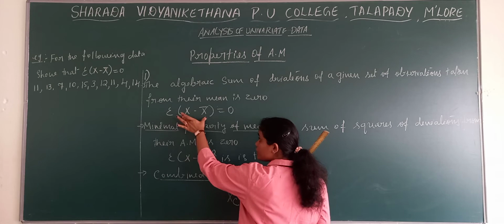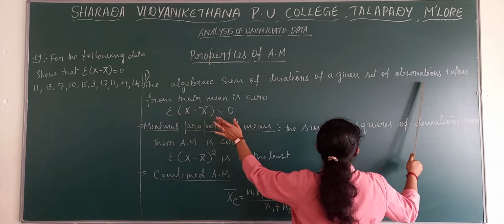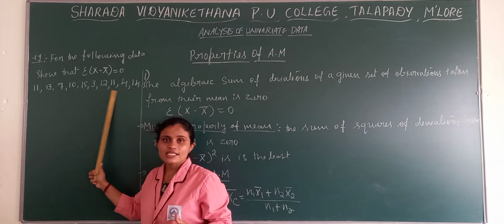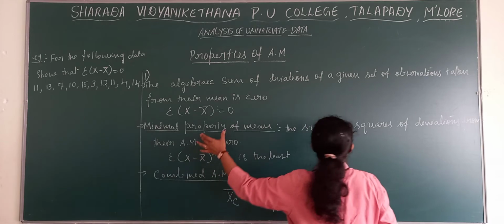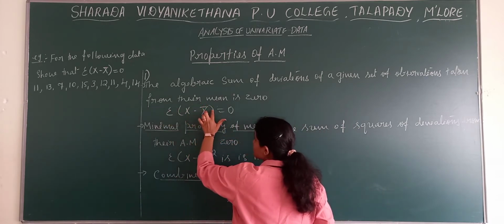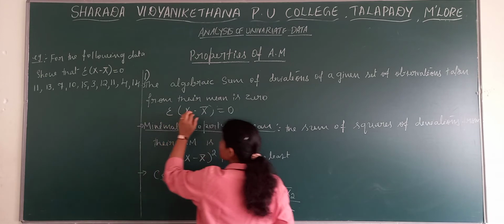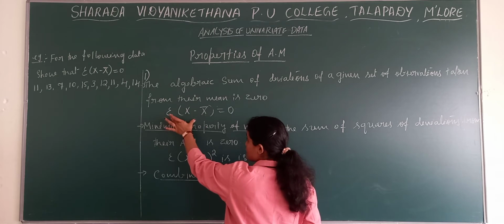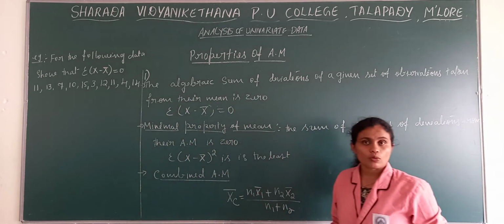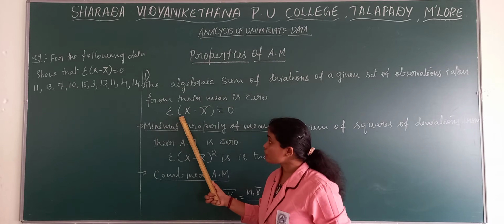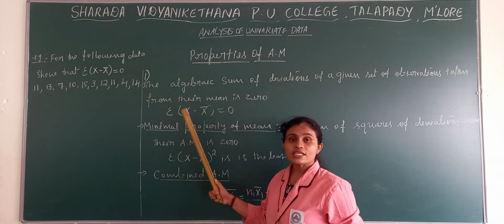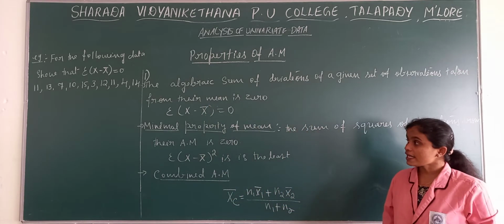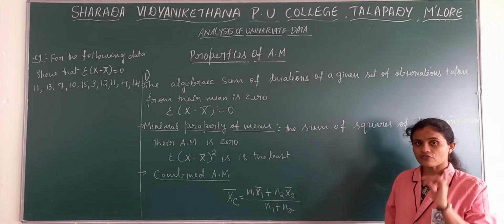The set of observations, we need to find out the mean initially, then the deviations from that mean, and sum them. The sum is 0. So the sum of the deviations of the given set of observations taken from their mean is 0. Sigma x minus x bar is equal to 0. That is the first property.